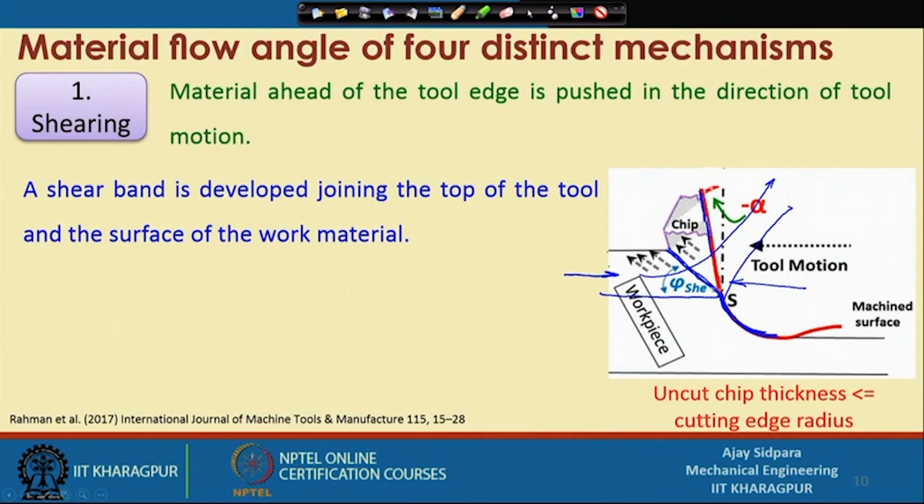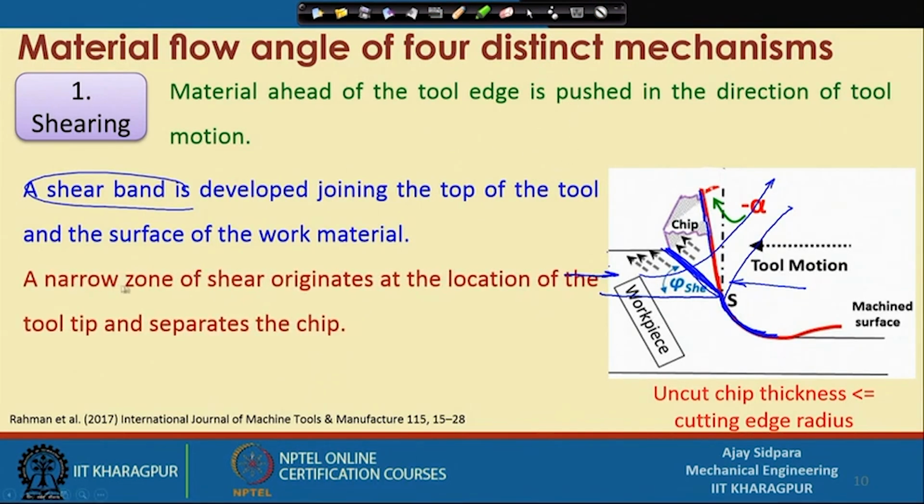So you will find one location where the shear band is developed. This will be a very small area, by which you can get something done as a chip. A narrow zone of shear originates at the location of the tool tip and separates as a chip.